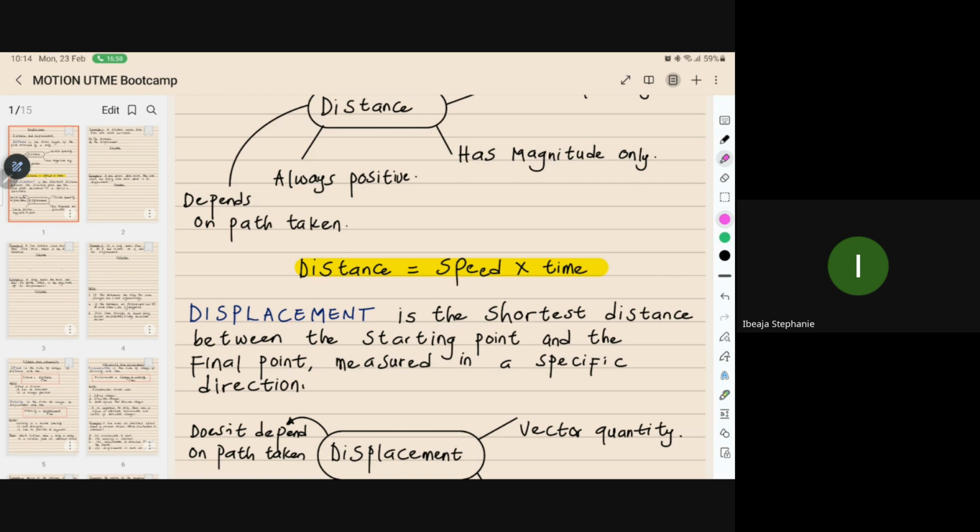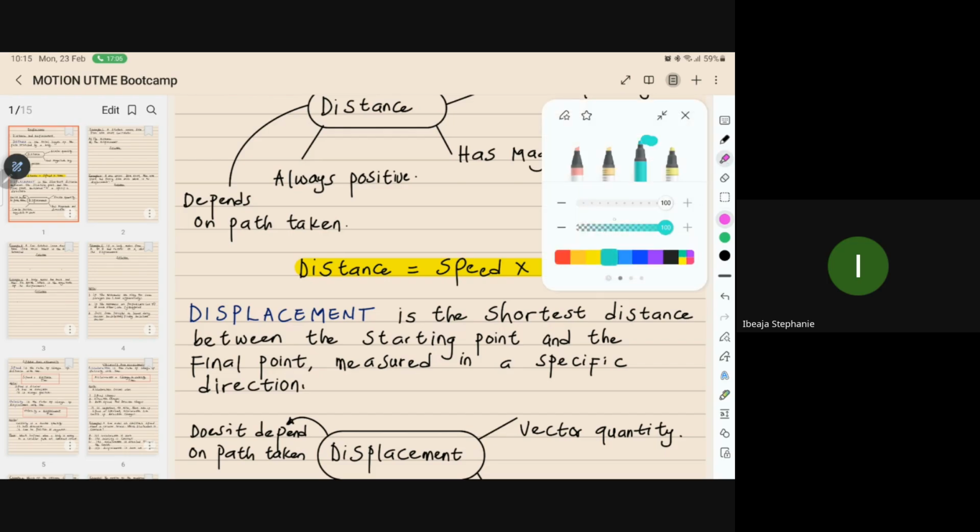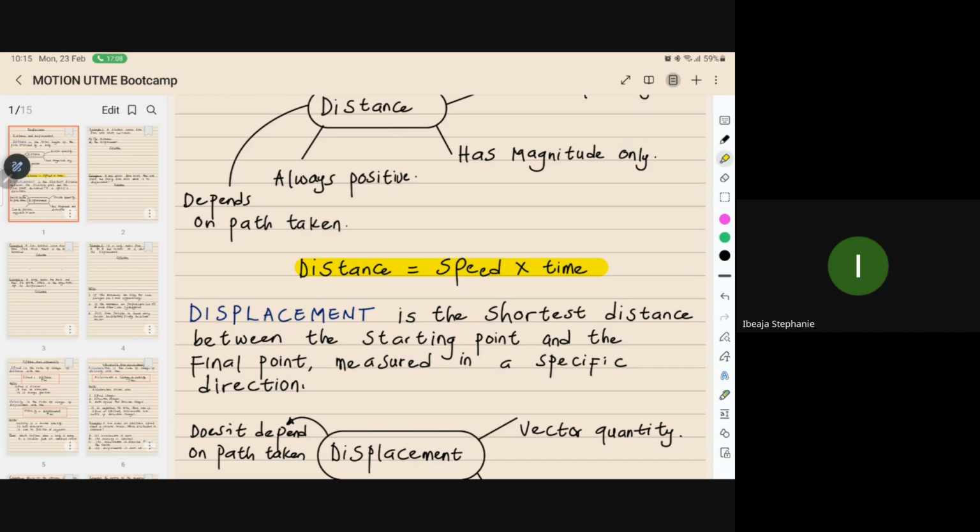Now, how about your displacement? Displacement is the shortest distance between the starting point and the final point. Take note of these key points.